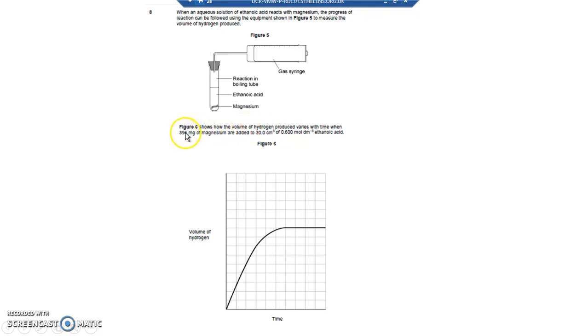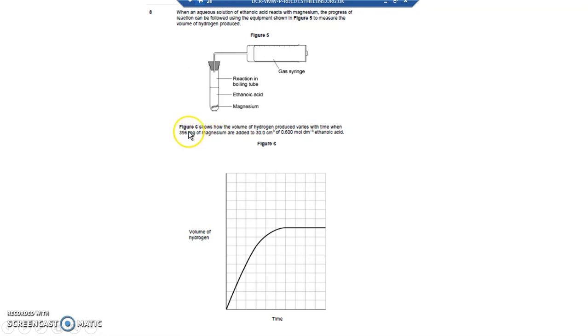So let's have a look what data we're given about the magnesium. We're given 395 milligrams of magnesium, and we know magnesium, Mg, has got a mass number of 24. We can convert that into grams. Going from smaller into larger, we divide by 1,000, that's 0.395 grams of magnesium.